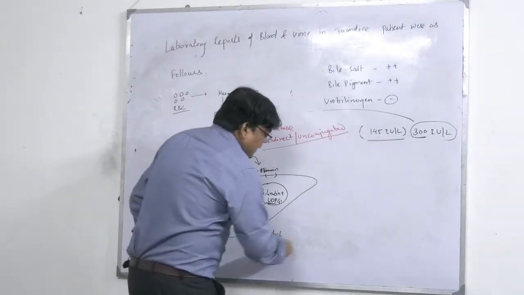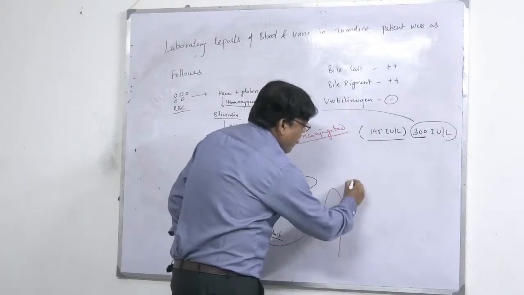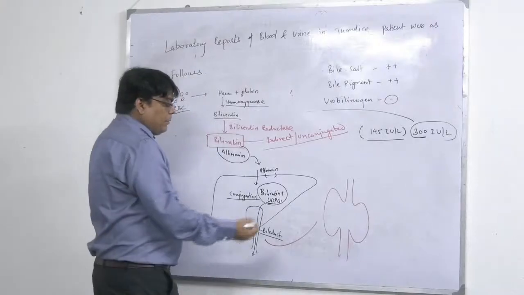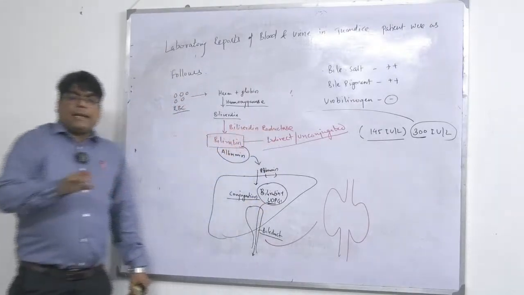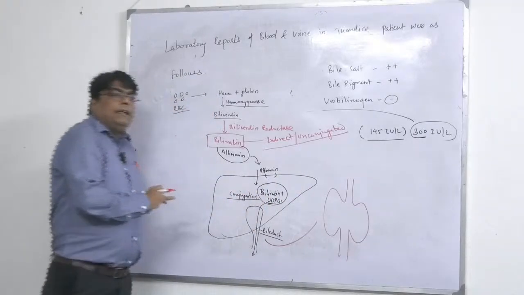To the next step for further processing, because it is a cyclic process. Bilirubin metabolism generally occurs in the liver.